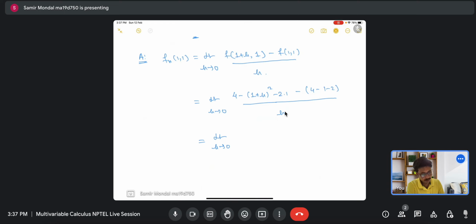So we get minus h square minus 2h divided by h, and ultimately the limit is minus 2. This is the limiting approach.